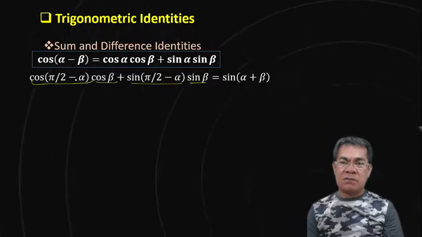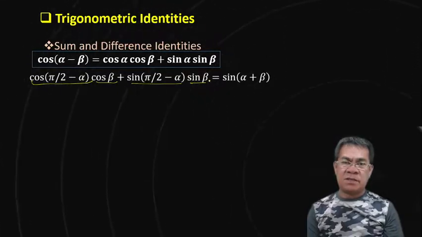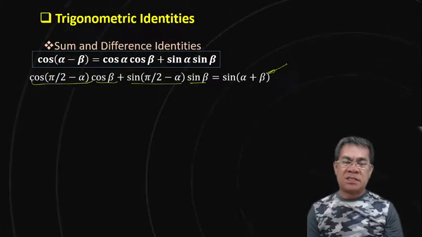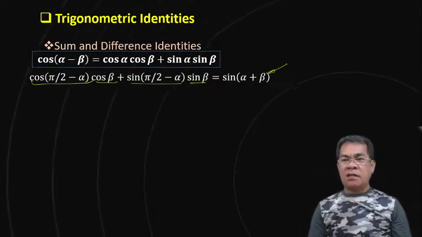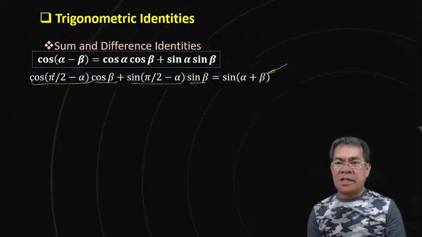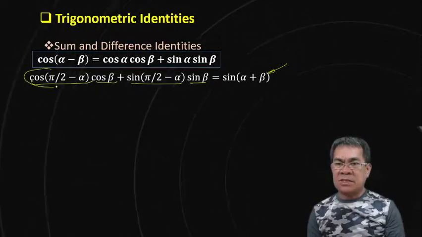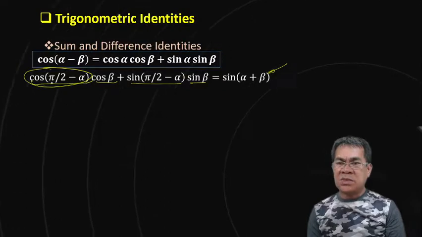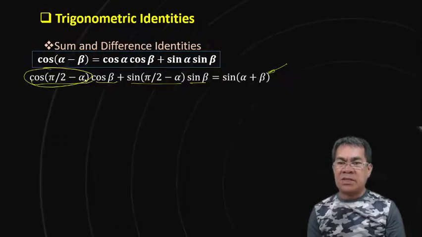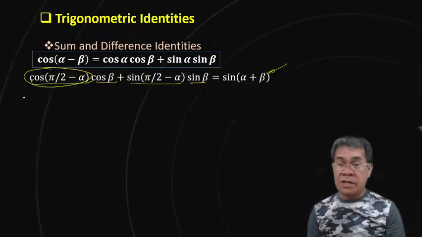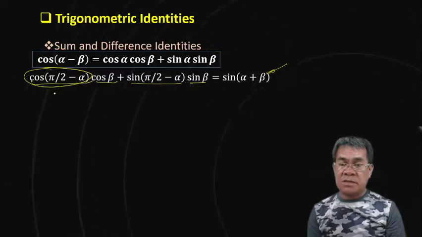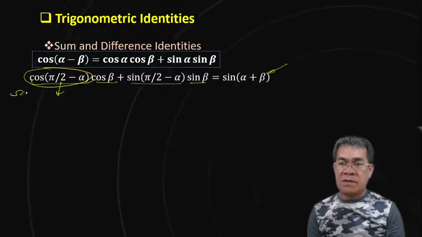Our angle is pi over 2 minus alpha. This is pi over 2 minus alpha. This is beta. And we just recopy the right side. Now, take note that the reduction formula says, what is cosine of 90 minus alpha? Remember, cofactor. So therefore, this will become sine of alpha.